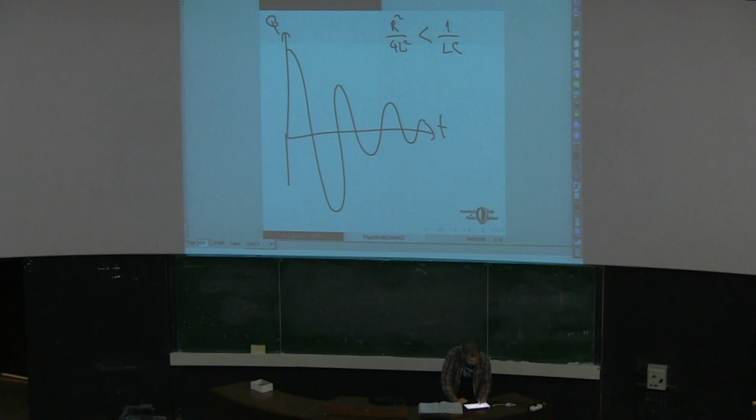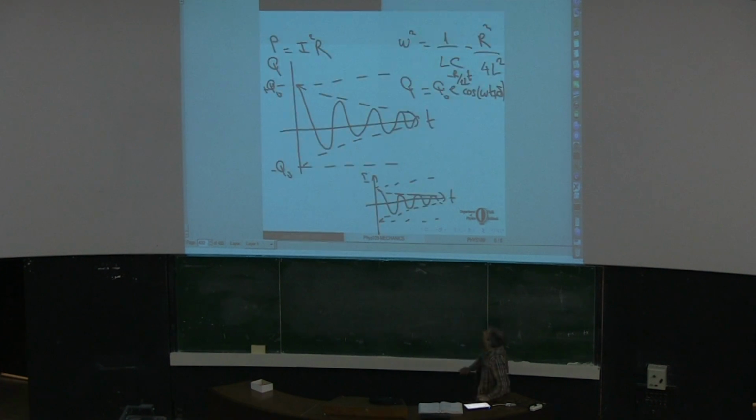Now, it might be that R squared over 4L squared is larger than 1 over LC. If this is true, omega squared is negative, so this solution doesn't really make too much sense.